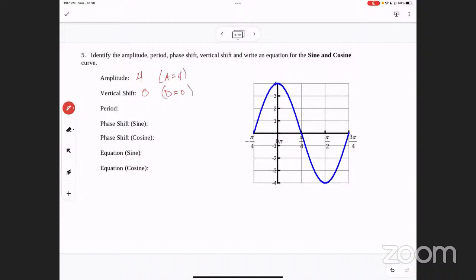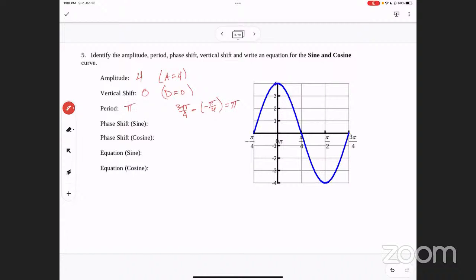Got it? My period, I take this total distance, which is basically my period. Like I was just talking about, I do 3 pi over 4 minus a negative pi over 4. So that's just pi. So my period is pi.